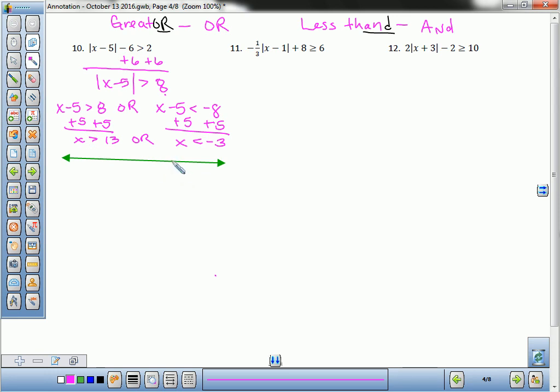All right, if you guys remember from doing our number lines, you probably haven't done them since Algebra 1. If it doesn't have the equal to, it's an open circle, right? And this is all the x's are bigger than 13, or greater than 13, so that would shade this direction, correct? And then this would be an open circle on -3, and this has all the answers are less than -3. So this would go this way.